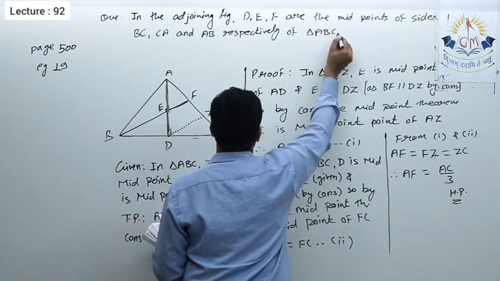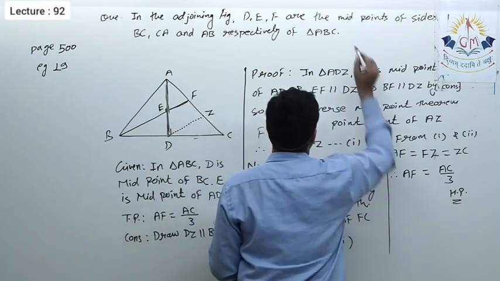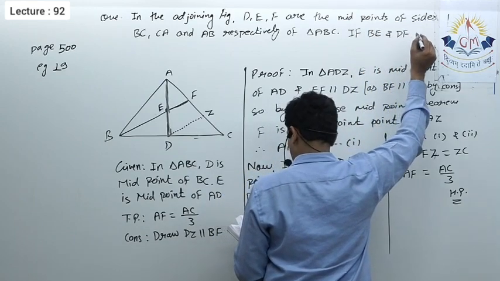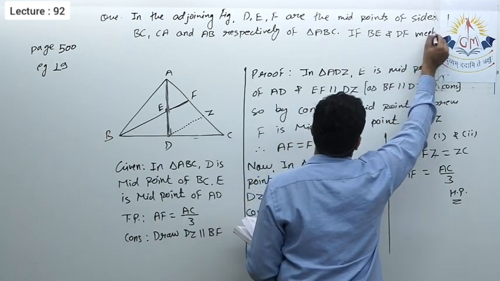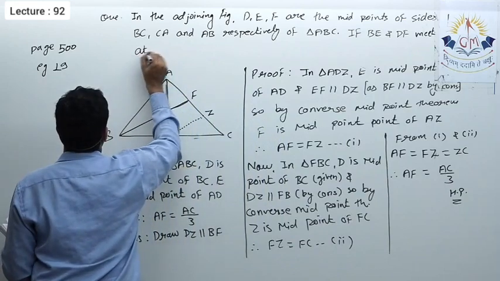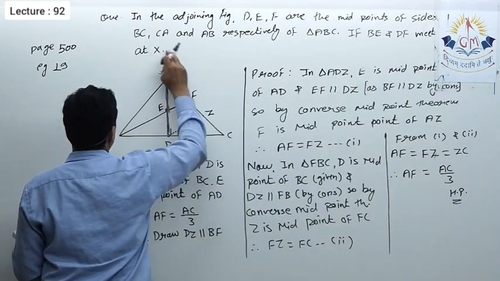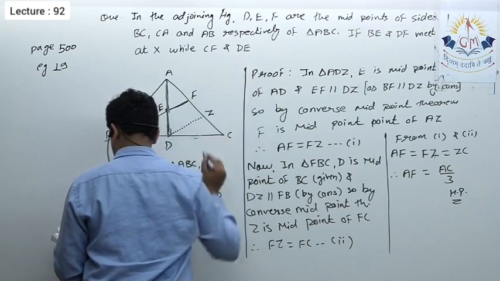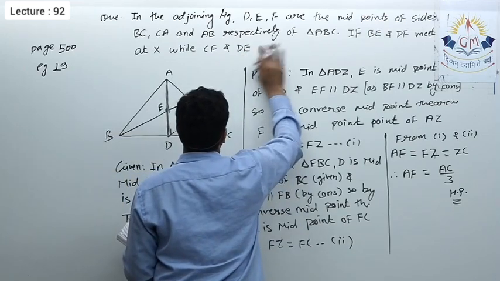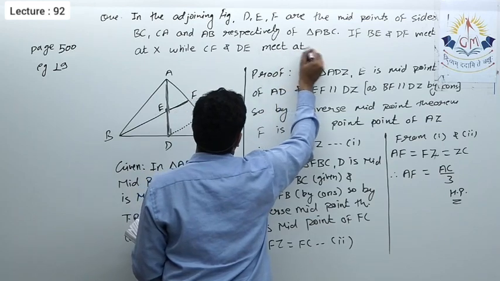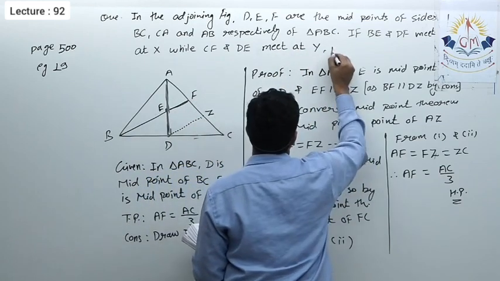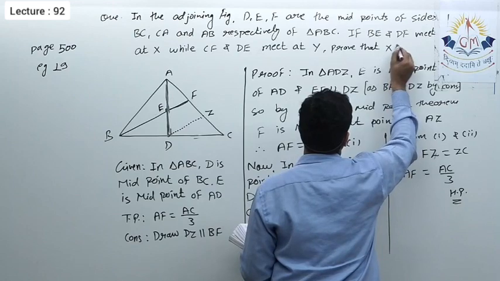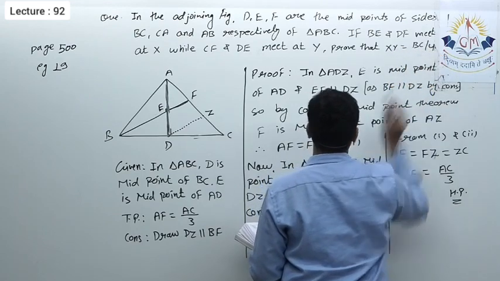If BE and DF intersect at X, while CF and DE meet at Y, prove that XY is equal to BC upon 4.